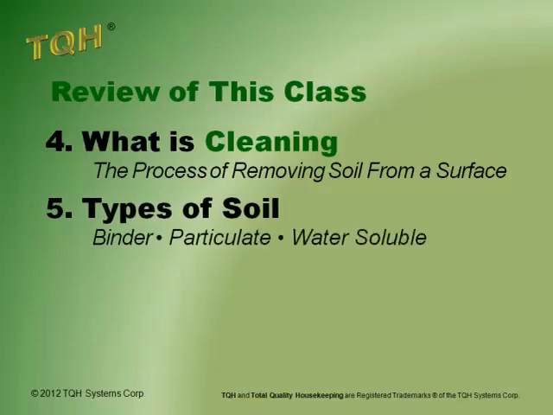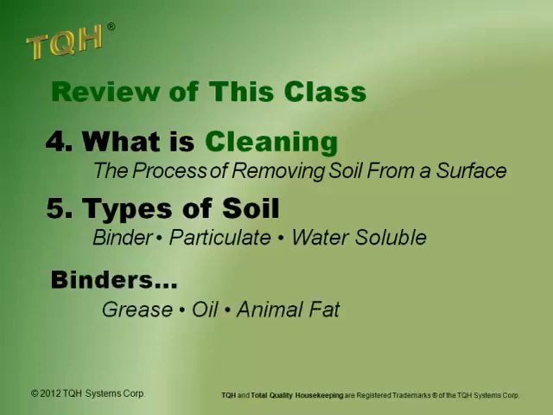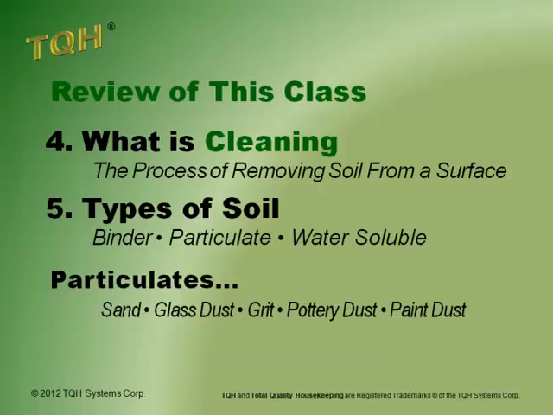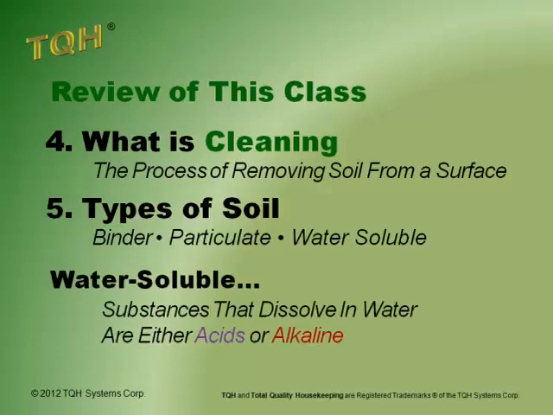Types of soil: binders, particulates, and water-soluble soil. Binders are grease, oil, and animal fats. Particulates are sand, glass dust, grit, pottery dust, paint dust. Water-soluble are substances that dissolve in water, and they're going to end up being either acid or alkaline.